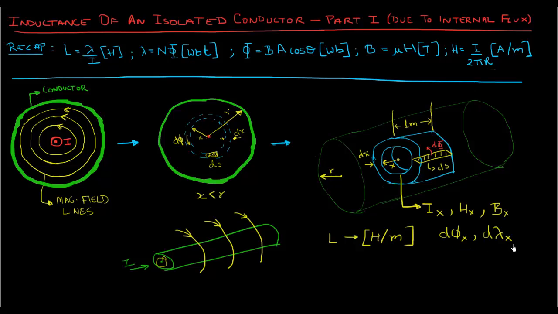So we'll find out H of x, B of x, d phi of x, d lambda of x. Then we get all our internal flux when we integrate d lambda of x from 0 to r, because x can hold any value between 0 and r. So those are the steps of our derivation.